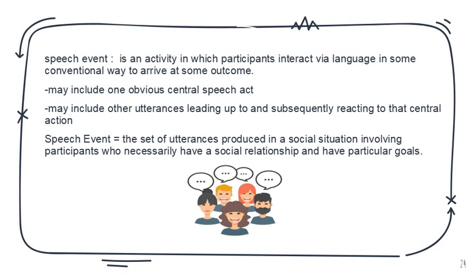It might include an obvious central speech act, such as the use of "I don't really like this" in a speech event of complaining, but also include other utterances leading up to and subsequently reacting to that central action. In most cases, a request is not made by means of a single speech act suddenly uttered.